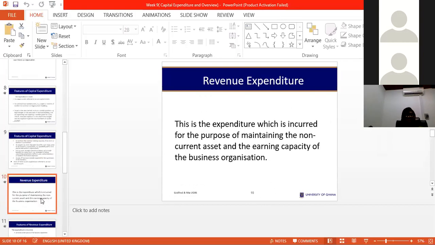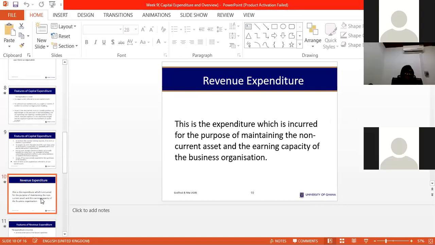So we'll look at revenue expenditure. A revenue expenditure is incurred for the purpose of maintaining the non-current asset or the earning capacity of the business. Let us remember that capital expenditure is mostly on non-current asset. So how do we maintain that non-current asset in order for it to generate revenue over a number of years?